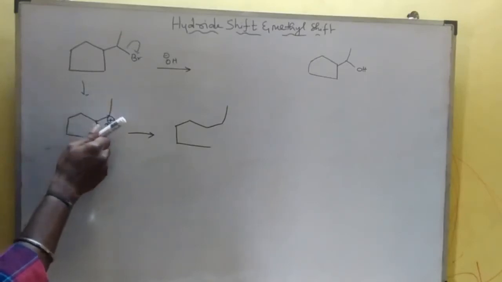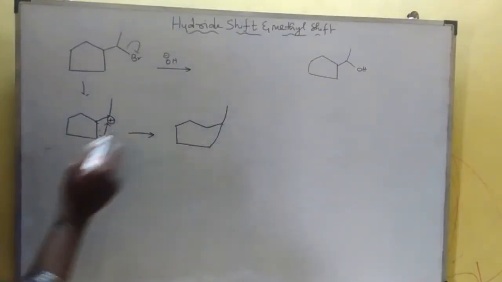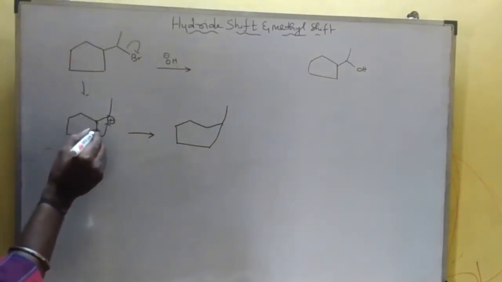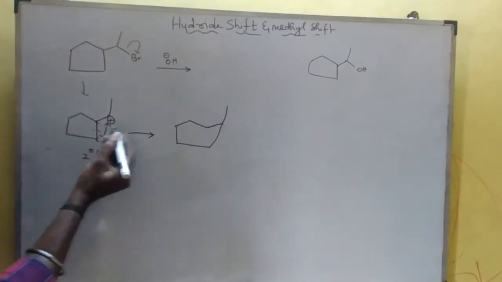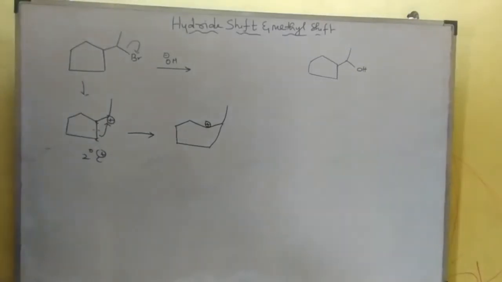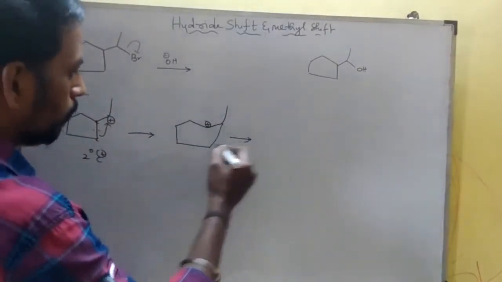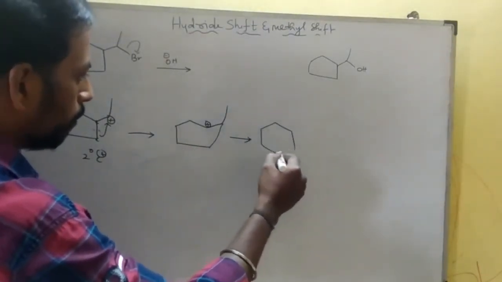Now it is going to shift like this, therefore I write like this. Once it has shifted, this carbon has lost its electron pair, so it forms a carbocation. Now I arrange it properly to form the 6-membered ring.